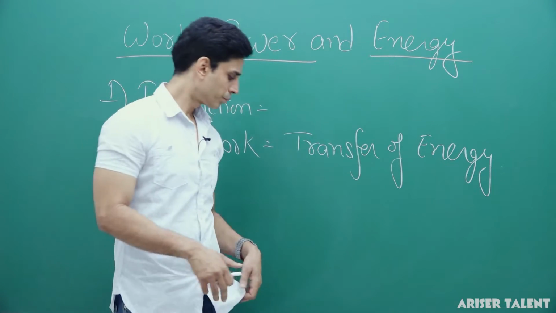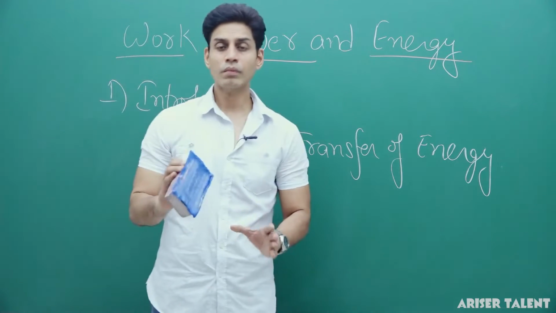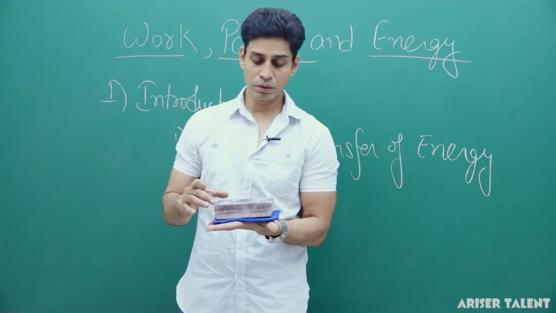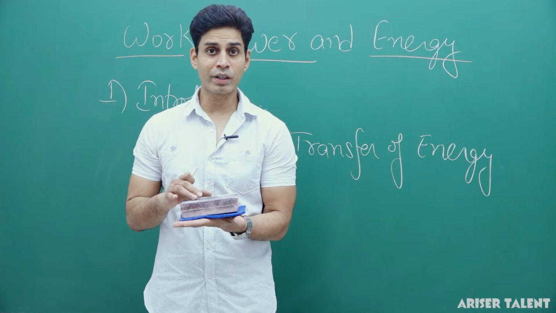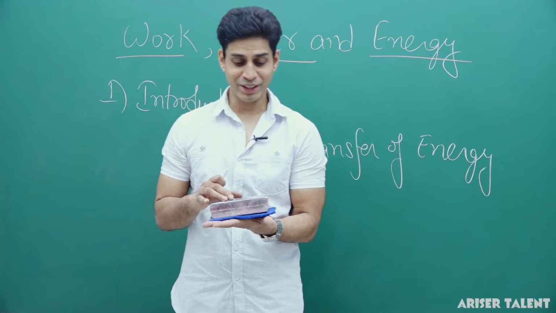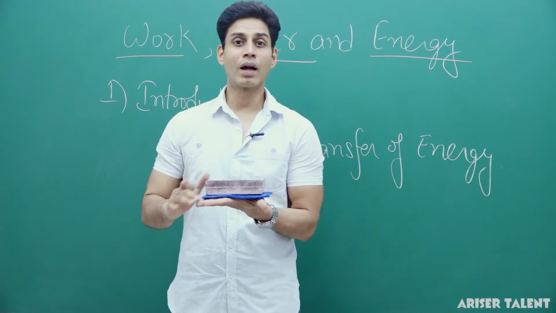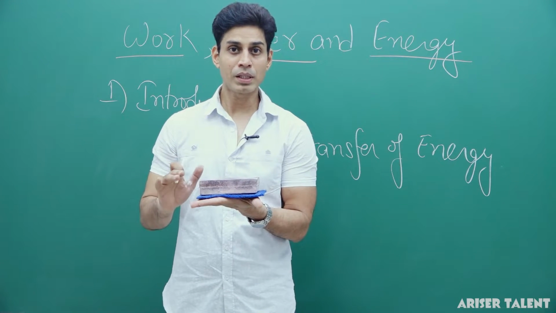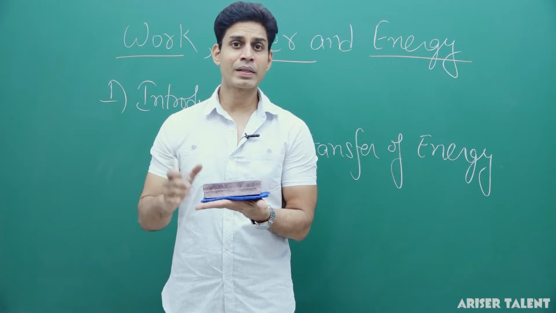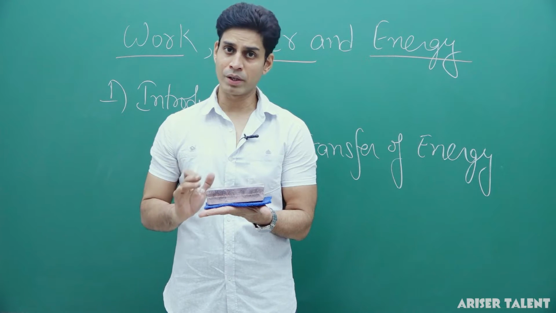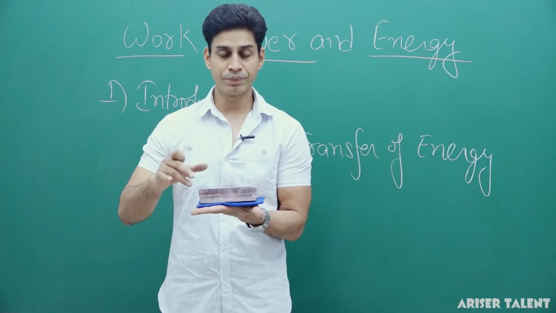For example, this duster of mass m. Now this is ground, my palm is ground, and I am taking this ground as a reference, that is potential energy is 0. The duster is having a mass m.